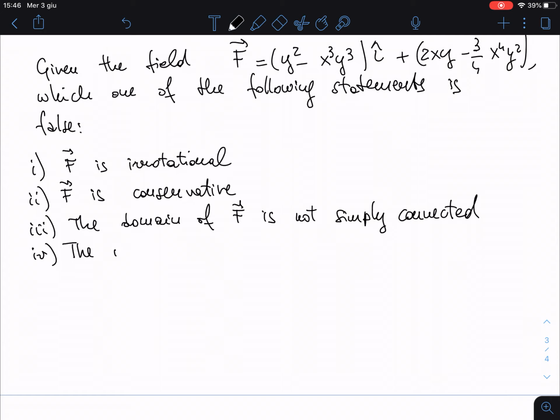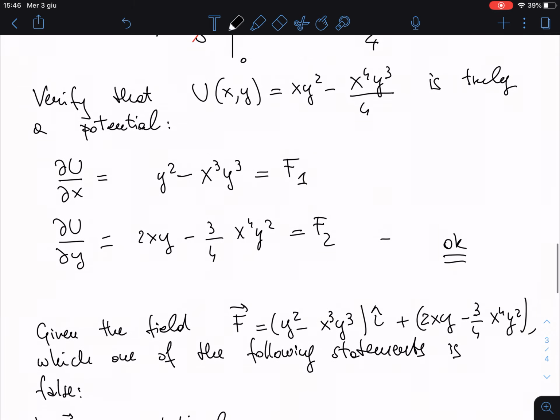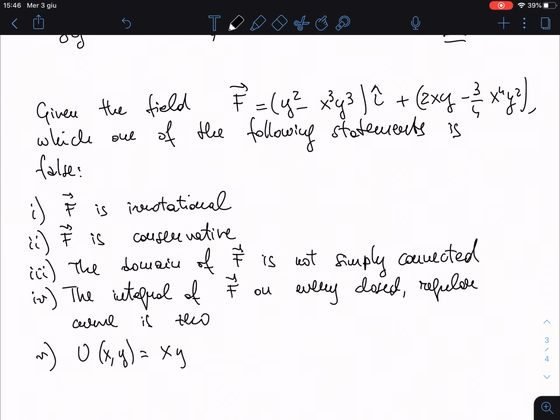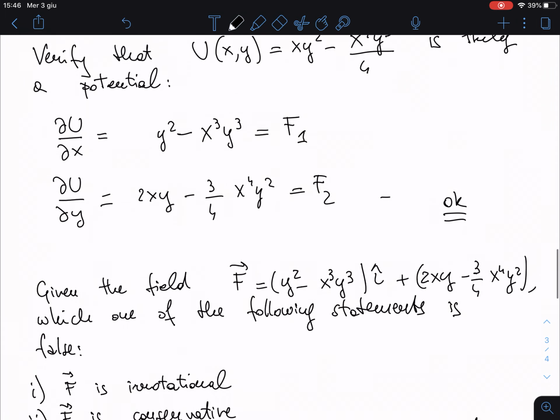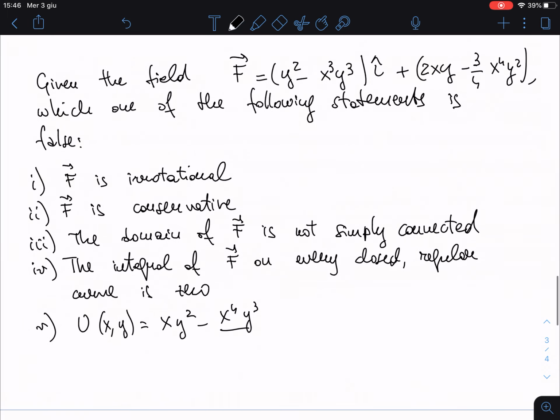Fourth, the integral of f on every closed regular curve is 0, and the fifth, for instance, can be u(x, y) equal to what we found, x y squared minus x to the fourth y cubed over 4, is a potential of f.